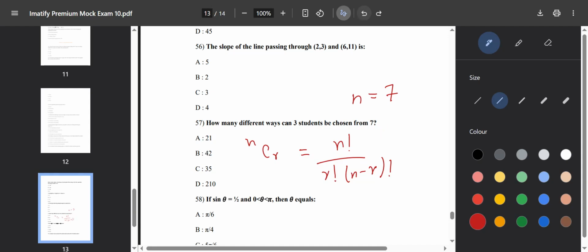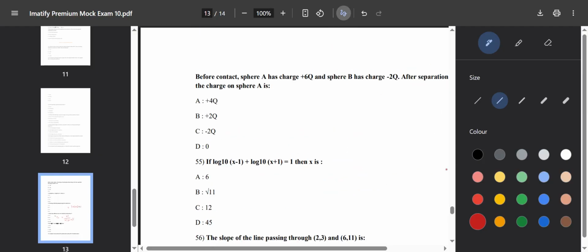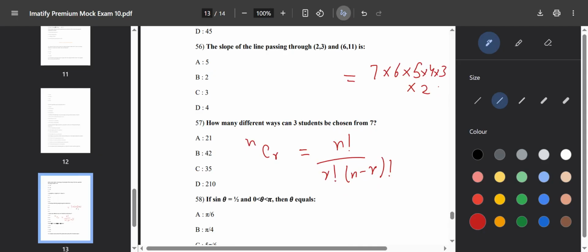So it looks like this: 7 into 6 into 5 into 4 into 3 into 2 into 1, over 3 into 2 into 1, and n minus r will be 7 minus 3, which is 4, so 4 multiply 3 multiply 2 multiply 1.